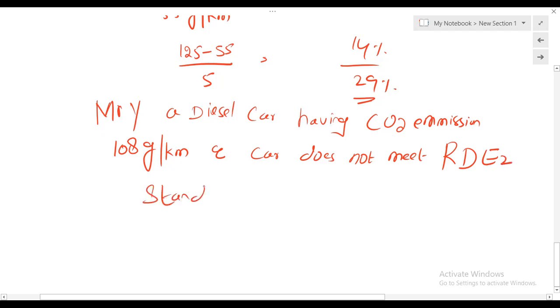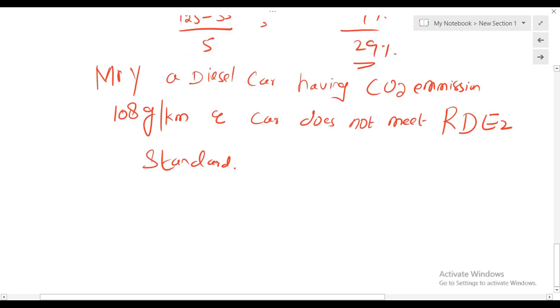Okay. You are just supposed to calculate the CO2 percentage. How do we calculate? Since it is a diesel car and it's not meeting the RDE2 standard, just deal with this car as a petrol car. Whatever your answer comes to, you need to add 4% to that. But you have to make sure you cannot exceed 37%. Whether your car is a diesel car, petrol car, or a diesel car that does not meet the RDE2 standard, in any case, you cannot exceed 37%.